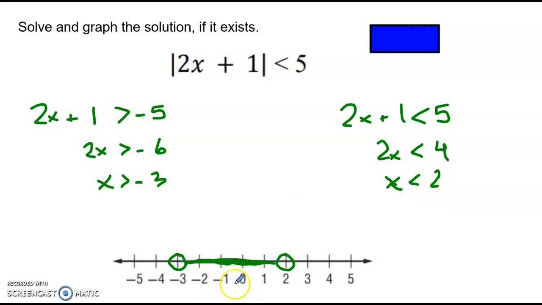And just like we did with compound inequalities, anytime you see a less than sign, it's going to resemble one of those AND statements, like when we solved graphs that had x is greater than y and less than z. It always makes a graph that looks like this. Okay, so there you go. Those are two of the examples, and we'll do more when we meet this morning.